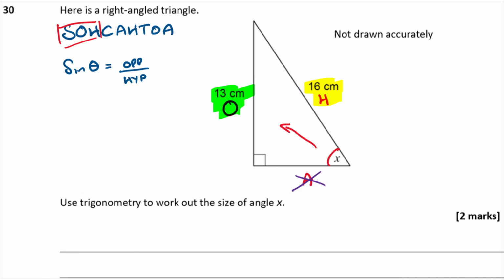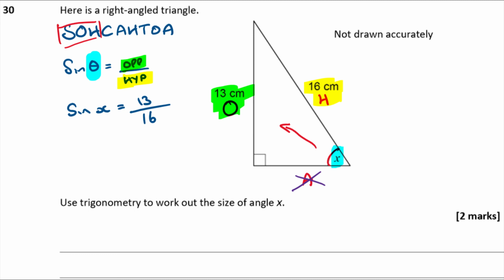Okay, so we're going to sub in our 13 here, we're going to sub in our 16 here. Now the angle X is the angle, so that is the bit that goes there. Okay, so they're the three things that we're going to sub into our equation. So sine X equals opposite, which is 13, over hypotenuse, which is 16.